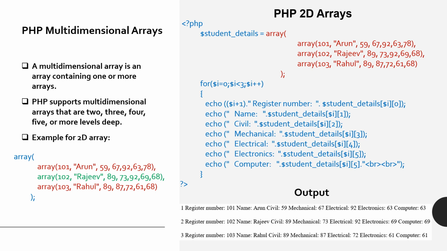Now we are going to discuss about multidimensional array. A multidimensional array is an array containing one or more arrays. See, for example, we need to handle details of some 3 students.